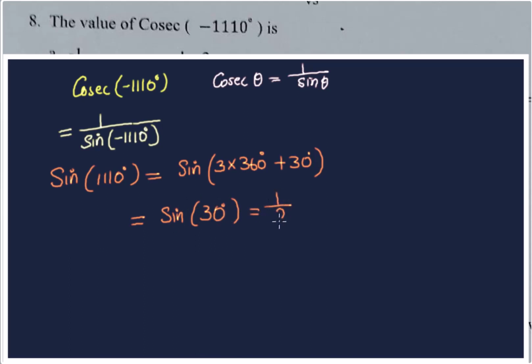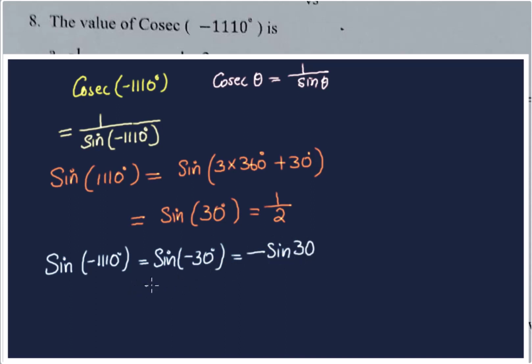Therefore, sine of minus 1110 is equal to sine of minus 30, but sine of minus theta is minus sine theta. So sine of minus 30 is minus sine 30, and we know sine 30 is 1 by 2.